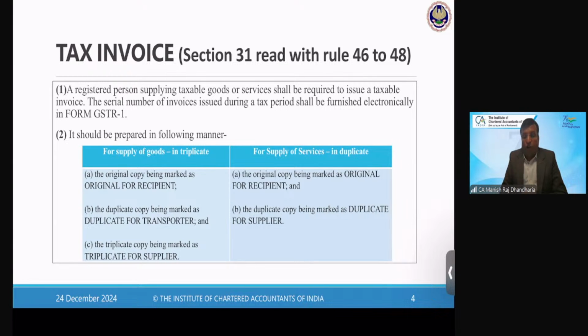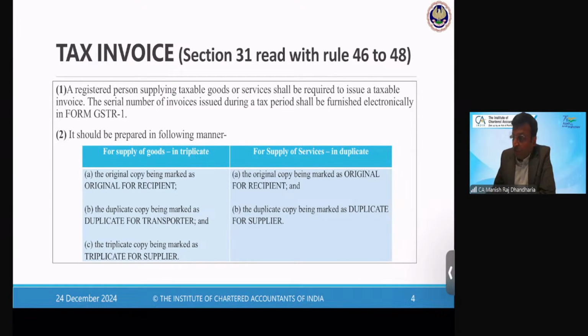It means for banking insurance and NBFC companies, invoice can be issued within 45 days of the provision of the services. But in case of any other services, invoice has to be issued within 30 days of the services.